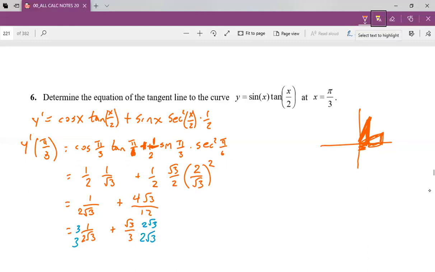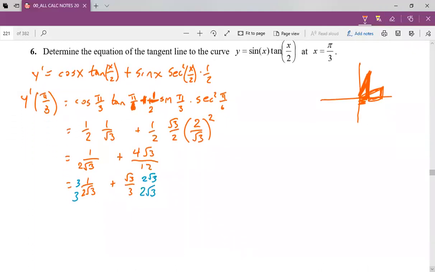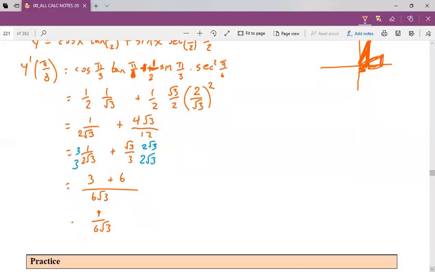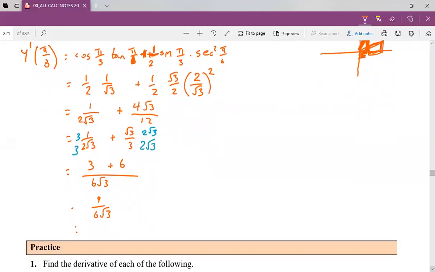And at the end, after all that is said, we've got 3 over 6 root 3 plus 6 over 6 root 3, since it's 2 times root 3 times root 3, 6. That ends up being 9 over 6 root 3, which ends up being 3 over 2 root 3.